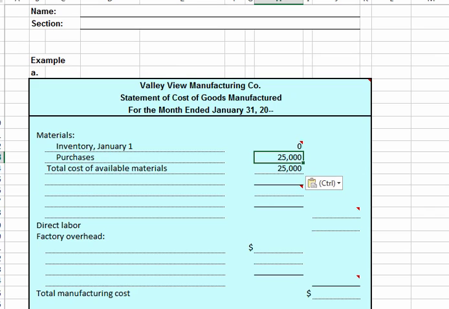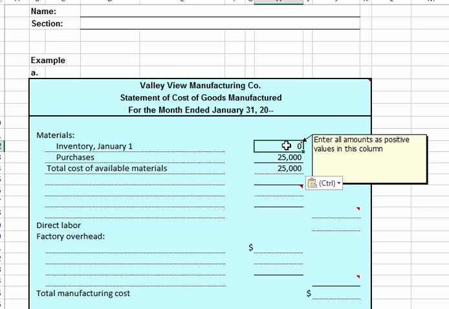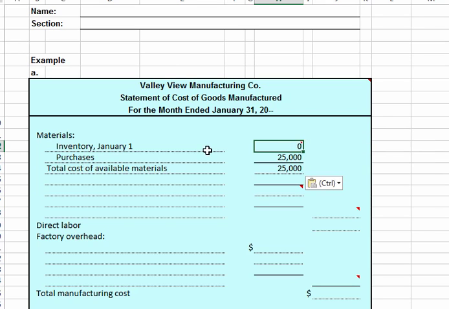This is inventory of materials obviously, and that gets us the total cost of available materials. Okay, you guys, that should make sense. If we take what we had in materials inventory to start the year, and we add to that materials purchased during the year, that'll give us the total cost of available materials.